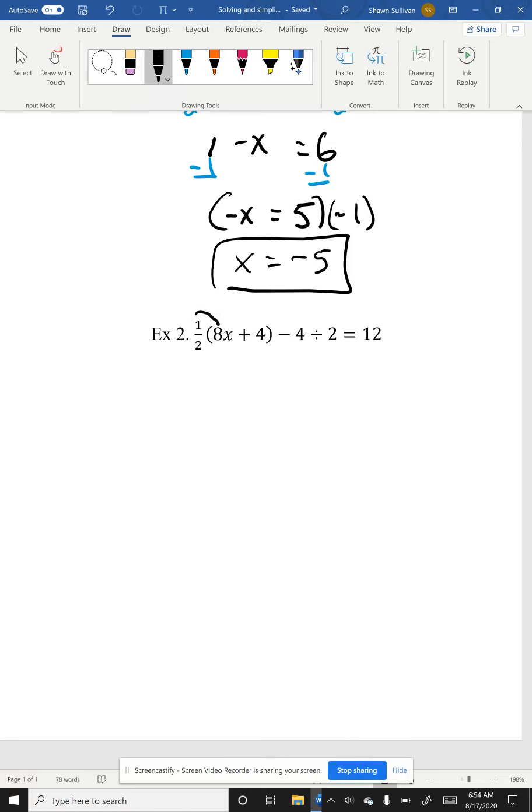So my 1/2 distributes, and we get 1/2 times 8x would be 4x. 1/2 times 4 would be plus 2. And then this is minus 4 over 2 is equal to 12. And just writing that as a fraction makes it a lot more apparent what I need to do first.